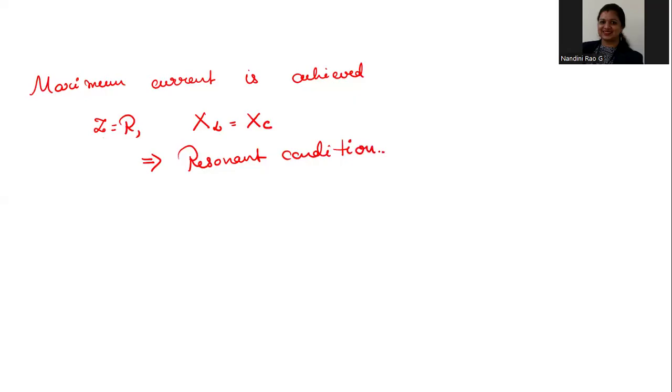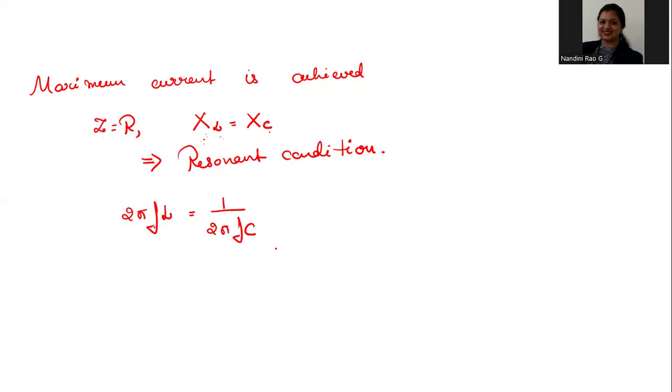Please understand. So if I want to find this resonant frequency, what should I do? I will substitute the equations for XL and XC here. What was the equation for XL? 2 pi FL. What is the equation for XC? 1 by 2 pi FC. So I will keep only F here.